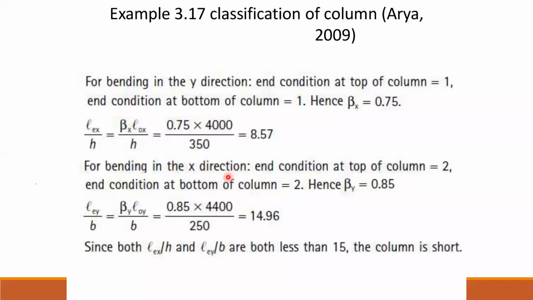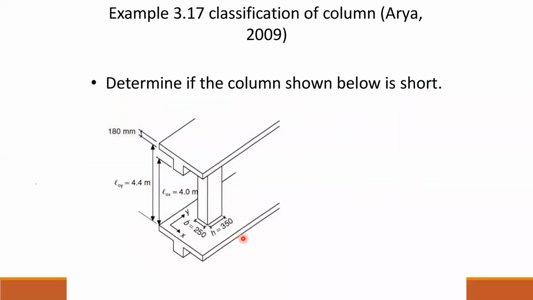Okay, I hope you understand this one, because the end condition for the y direction at the top is end condition 1, so beta x is equal to 0.75. For the x direction, you can see the b is equal to 250.